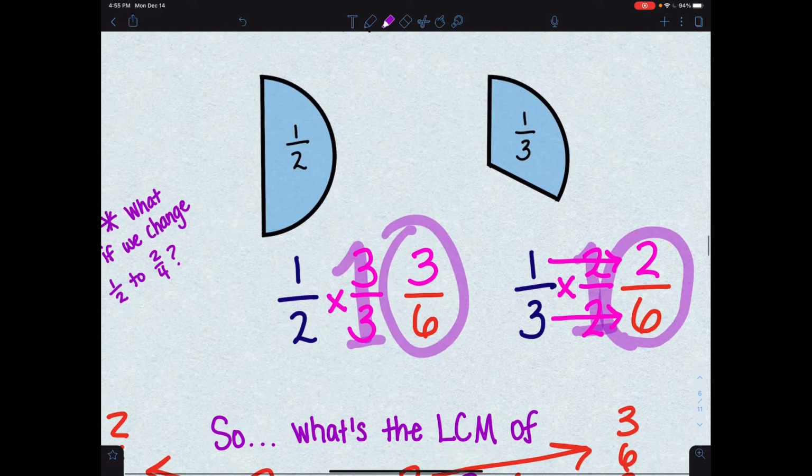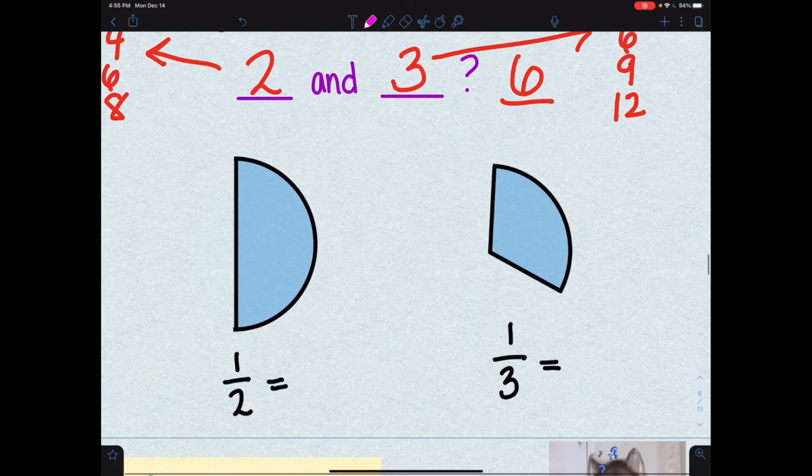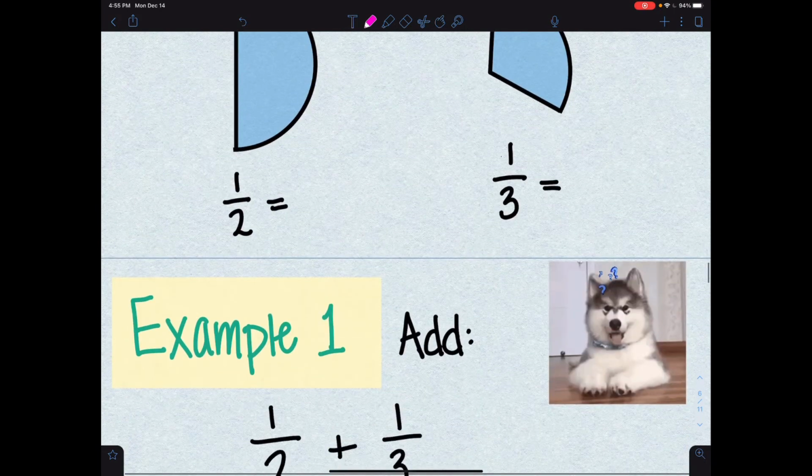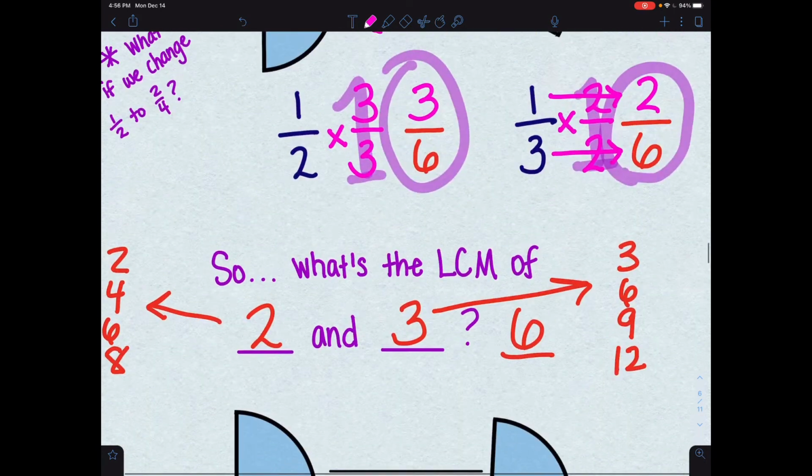And now we've got two things that we can add. We're going to add 3/6, which is the same as 1/2, and we're going to add 2/6, which is the same as 1/3. When you add those, I should have written it down here, but that's okay.